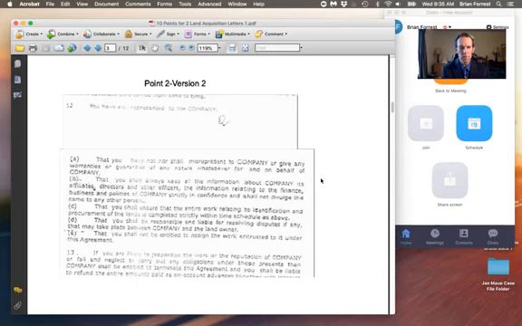Version 2 does the same thing, starts at the end of the page with clause 12, yet the following page, it continues with subclause A, alpha, B, Bravo, C, Charlie, D, Delta, E, Echo, and then continues with clause 13.